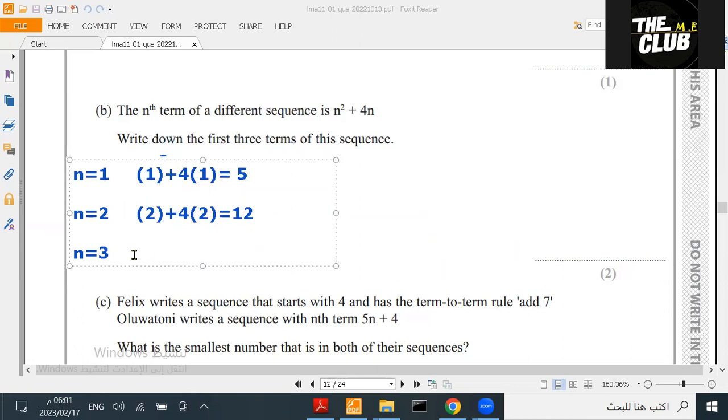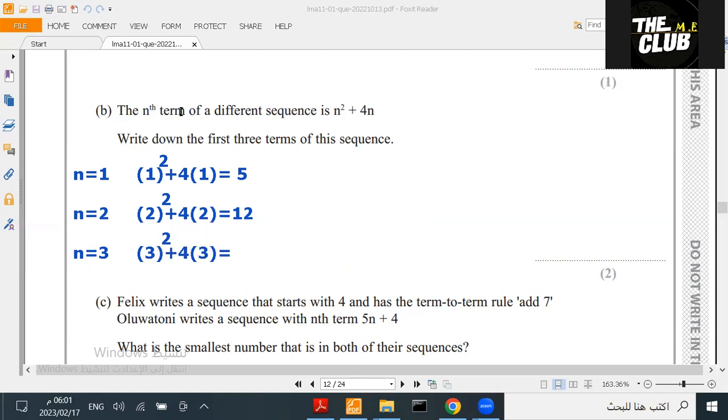Now, the last one, same idea, we're going to use 3. And remember, we use the numbers instead of the n. So 3 squared plus 4 multiplied by 3. You write it like this, and this is squared.